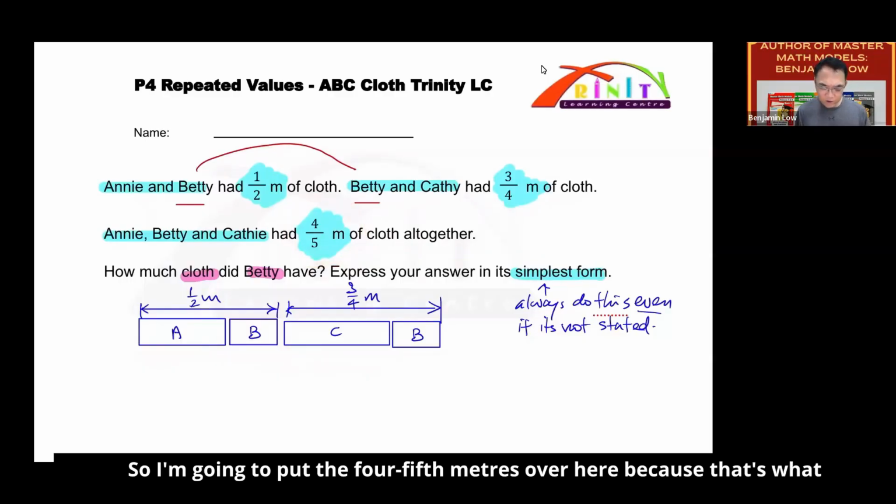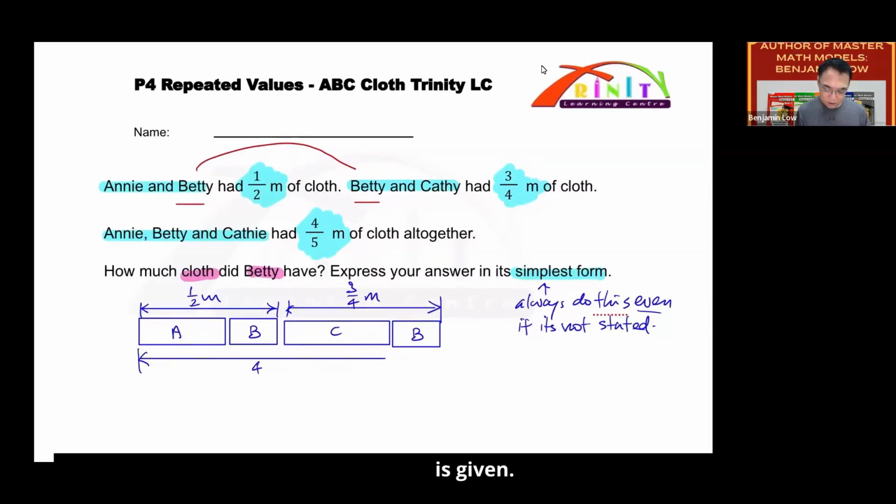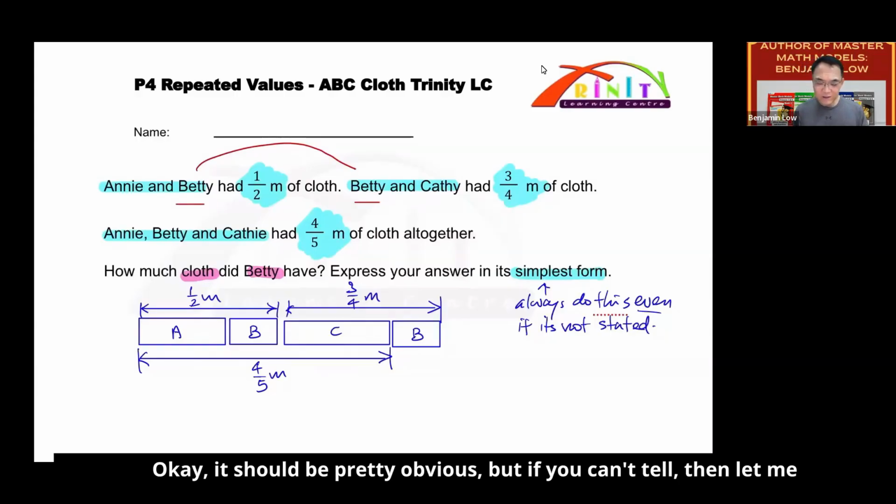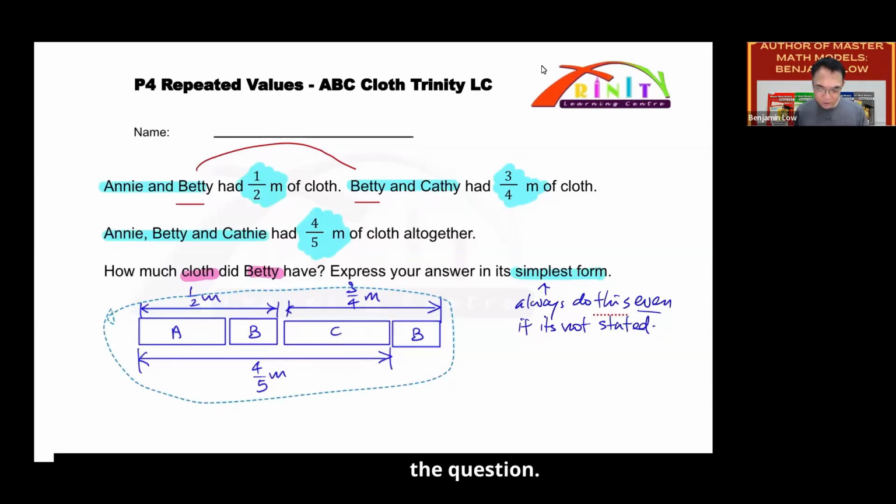So I'm going to put the 4/5 meters over here because that's what is given. All right, can you see what you need to do now? It should be pretty obvious, but if you can't tell, then let me help you to finish the question.